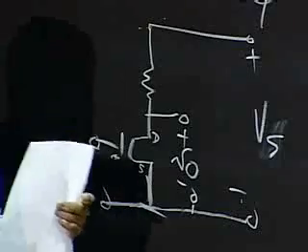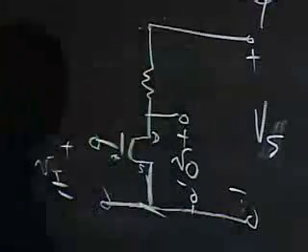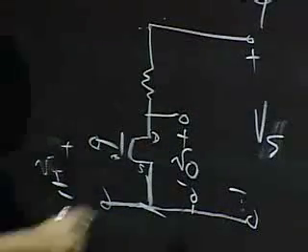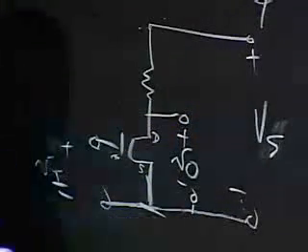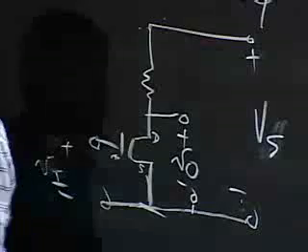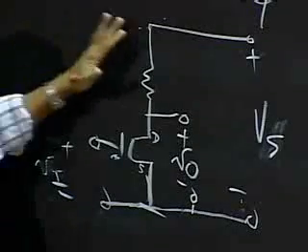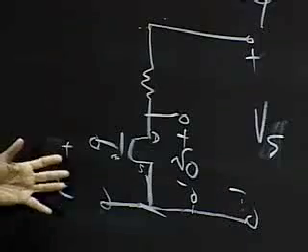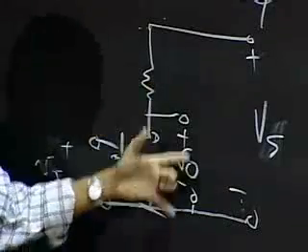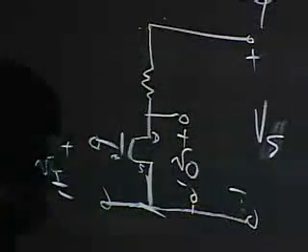And finally, we have the third port, which is this one. It's called the power port. I apply VS between this terminal here and the ground terminal, and that gives us the power port. So this device here was a three-port device. Okay, input port or control port, output port, and a power port.